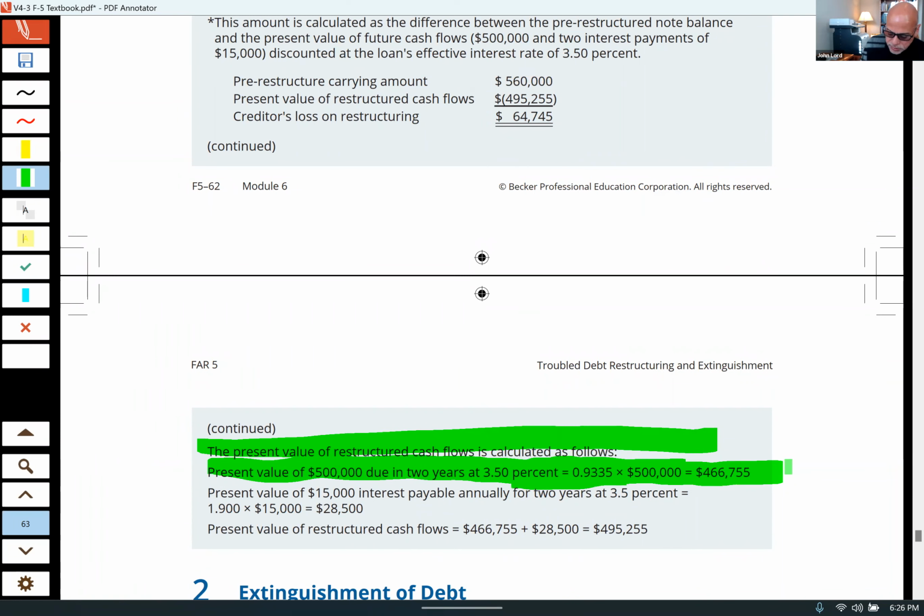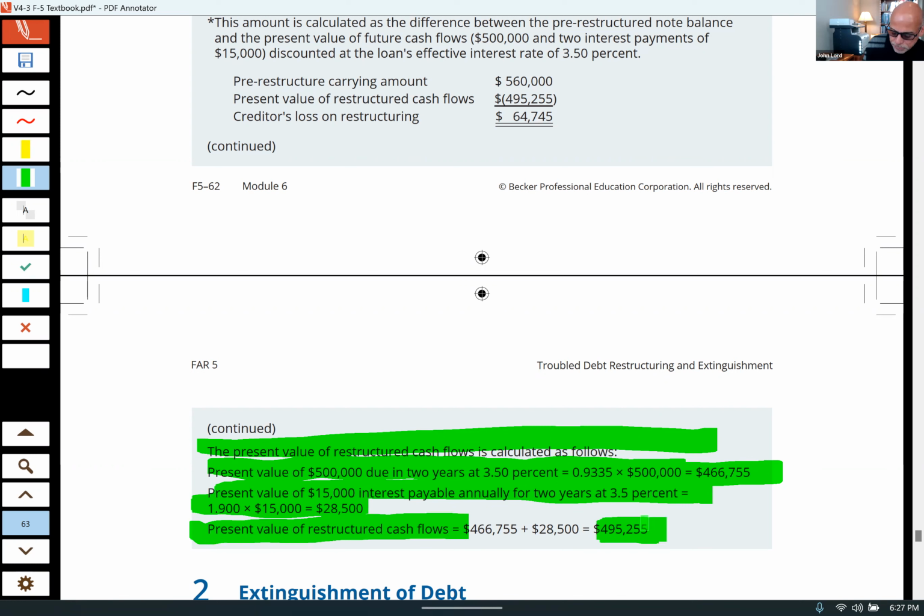That's that 46,675. And then you have the 2 interest payments of 15,000 for 2 years at 3.5%. Okay, that gives us the factor for the 2 interest payments for 2 periods. There's a value of an annuity. You add those 2 together, and that means the present value.